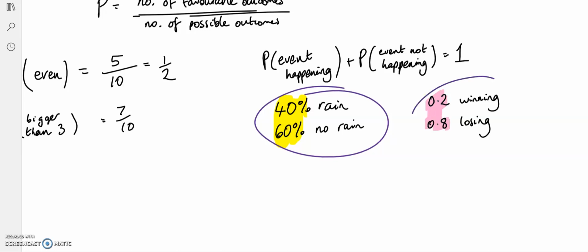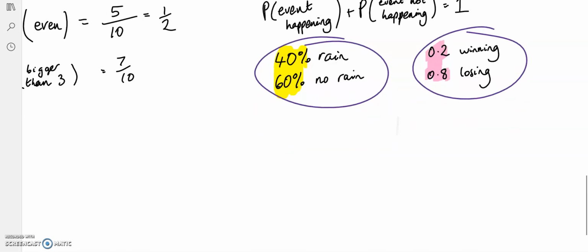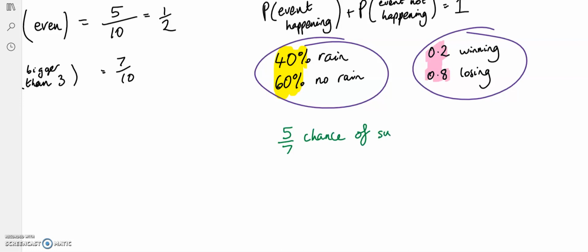So here the whole would be 1. If we did it in terms of fractions, if we had a 5 out of 7 chance of success, then there would be a 2 out of 7 chance of no success.